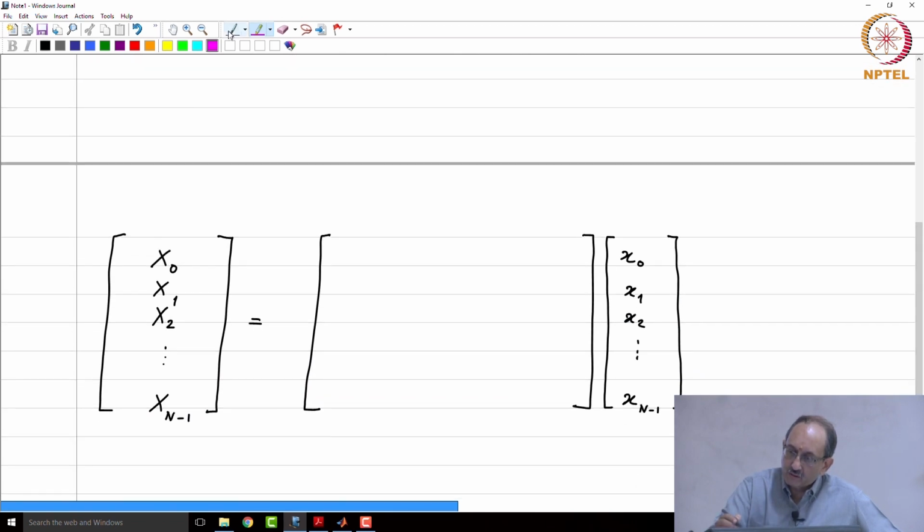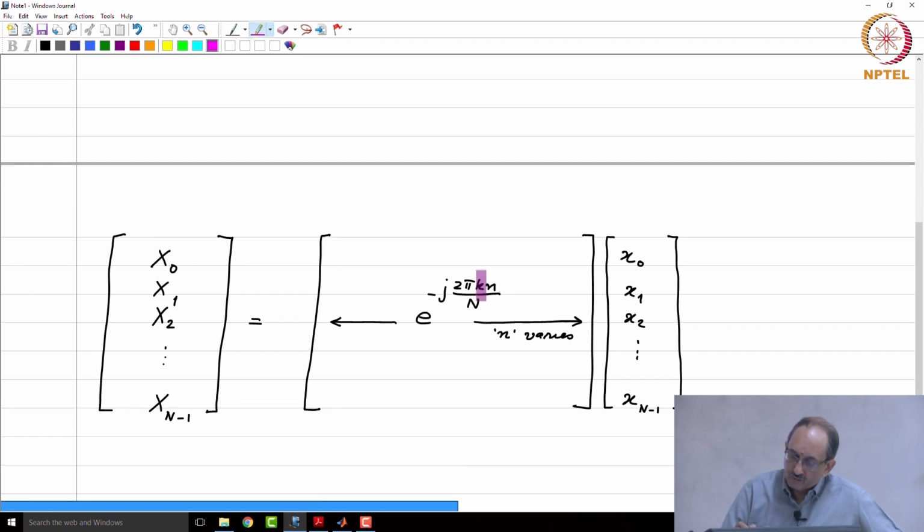To capture that, you can write this as e to the minus j 2 pi k little n by cap N. So, along this dimension you are going to vary little n.